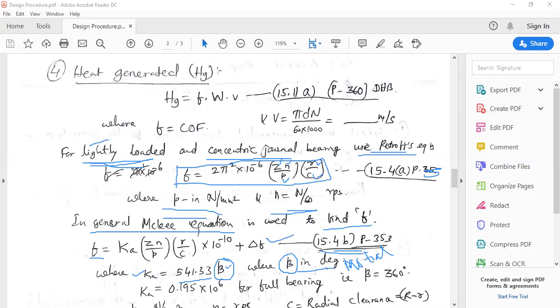For full bearings, where beta is 360 degrees, the value 0.195 into 10 raised to 6 is used.